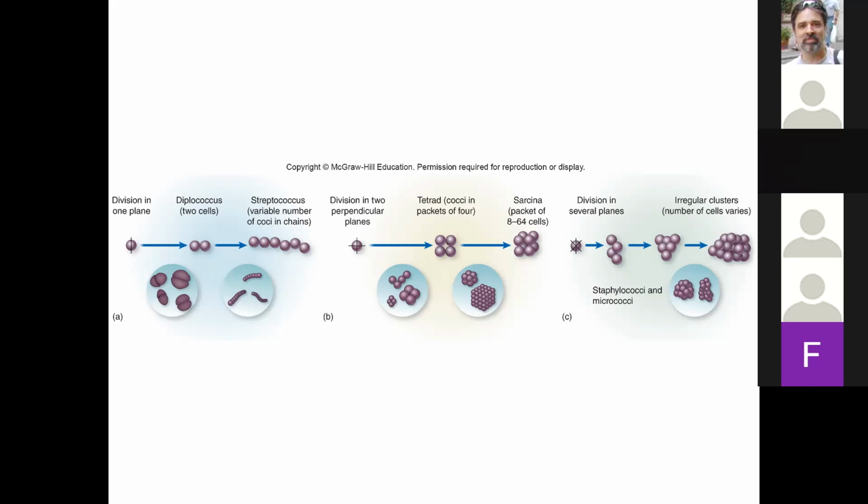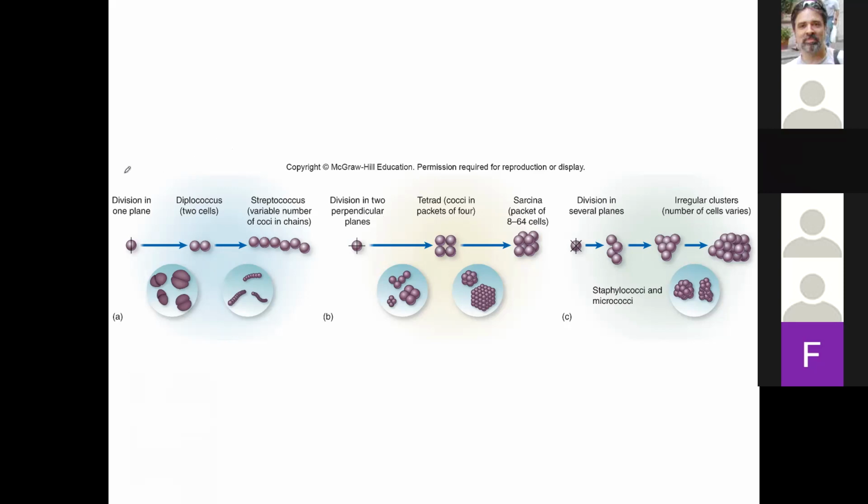And you might wonder, why do we care? We care because this tells us something about where the cell division takes place, and that leads to the specific arrangement of the cells. That's a characteristic that's going to be unique to certain bacteria.